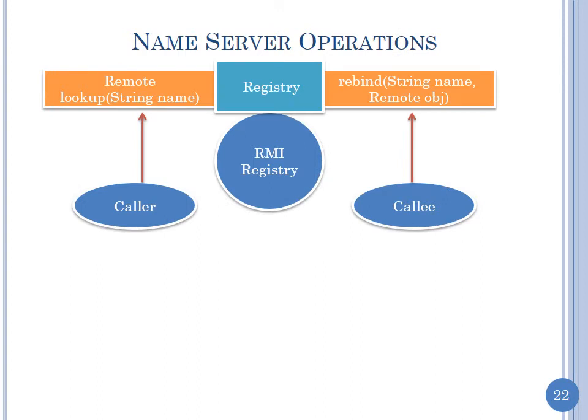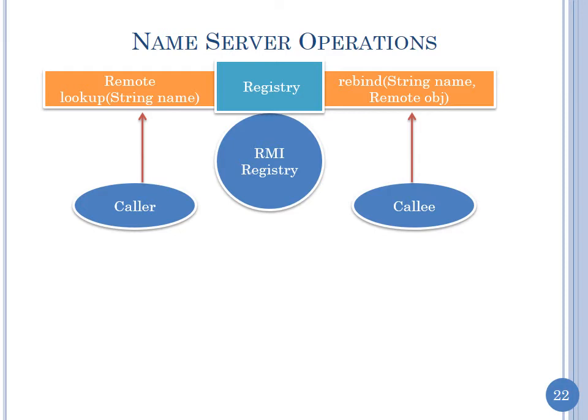So I said that there are these operations, lookup and rebind. In Java, operations have to be invoked on either classes or instances of classes. So the operations are all declared in classes or interfaces. And so the rebind and lookup methods happen to be methods in the type Registry.